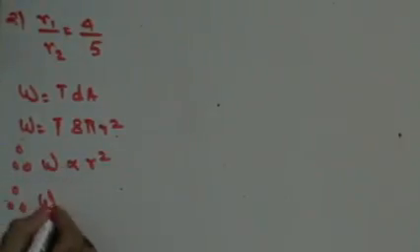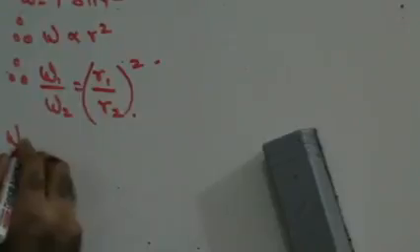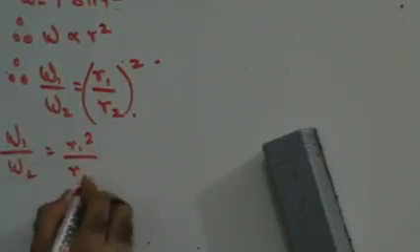Therefore, W1 upon W2 is equal to R1 square upon R2 square, because it's the square of the radius. The answer for this sum should be 16:25.